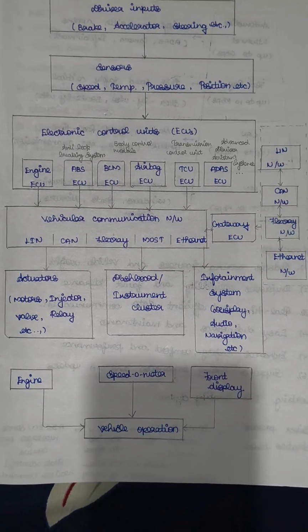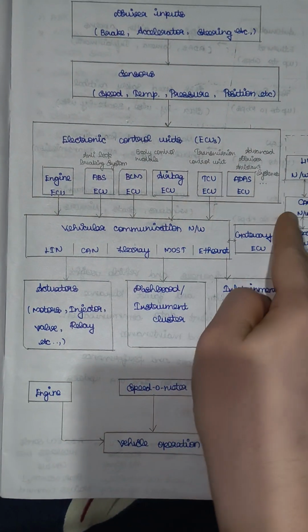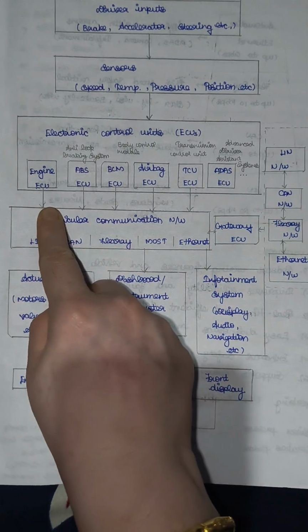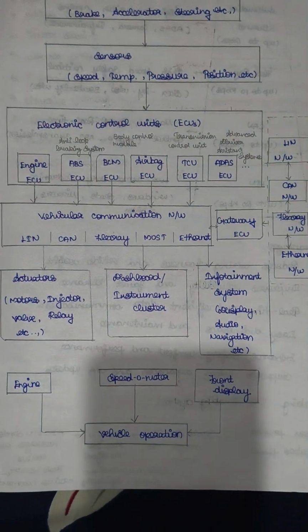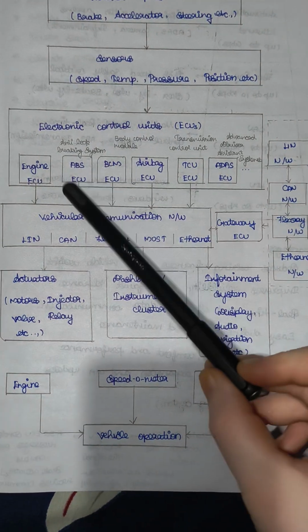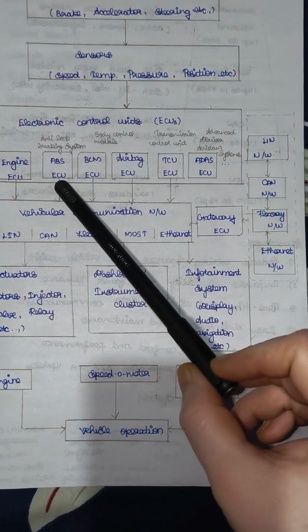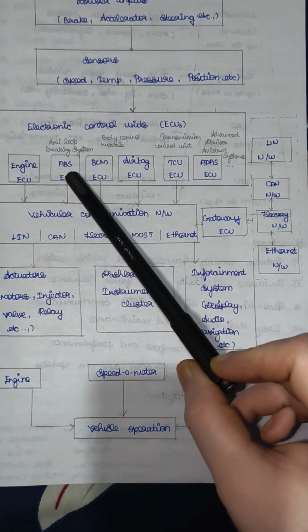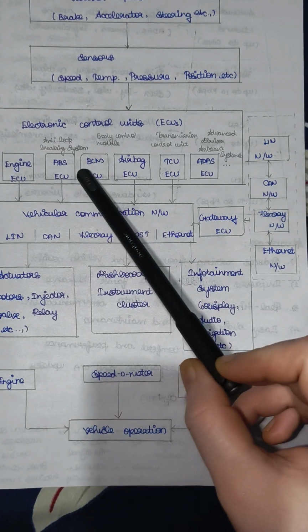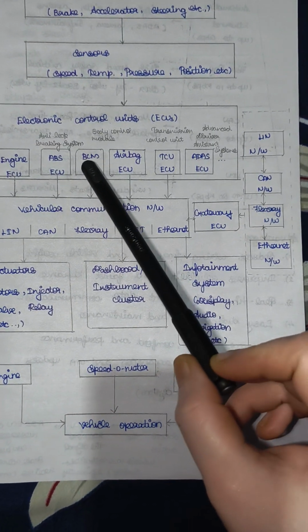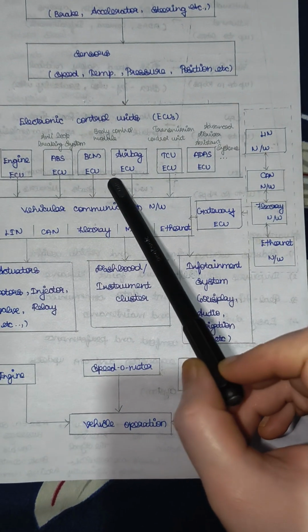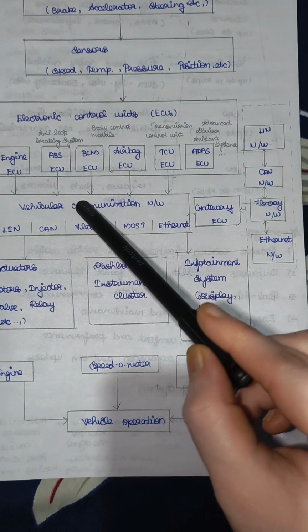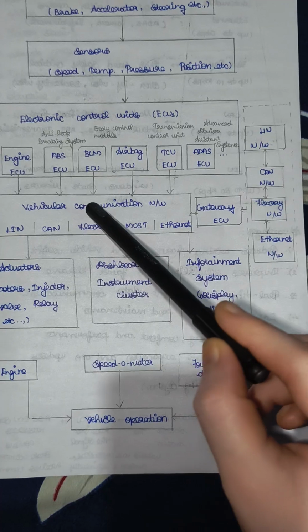In this diagram, we can see different ECUs. The first is the engine ECU, which manages engine related functions. Next is the ABS ECU, associated with the anti-lock braking system. Then the BCM, the body control module, which manages various body related electronic functions.